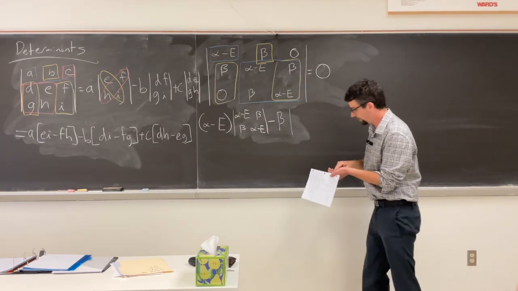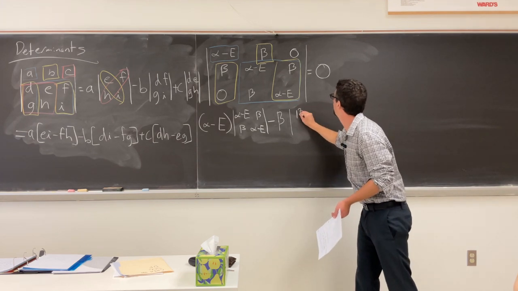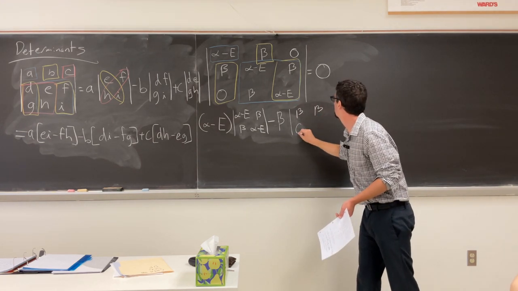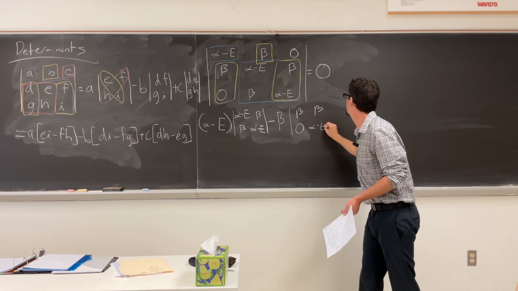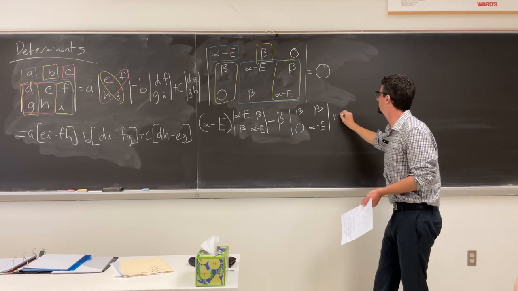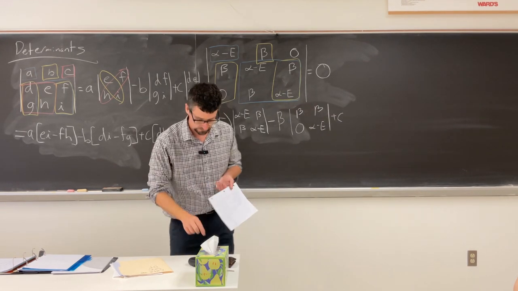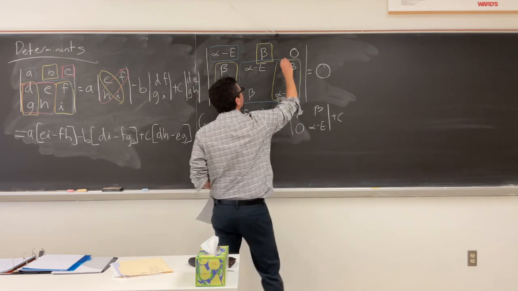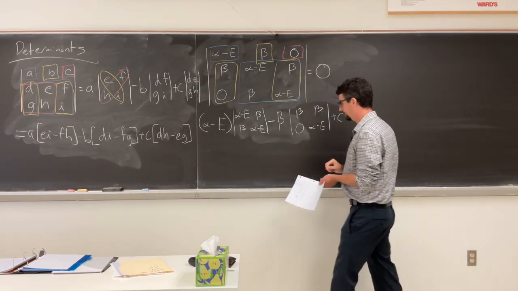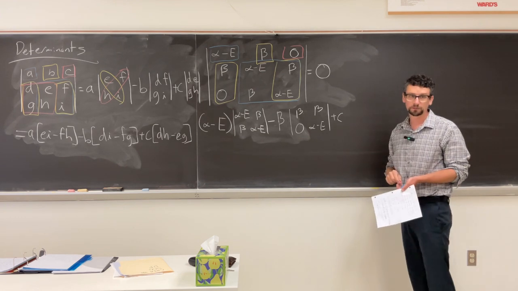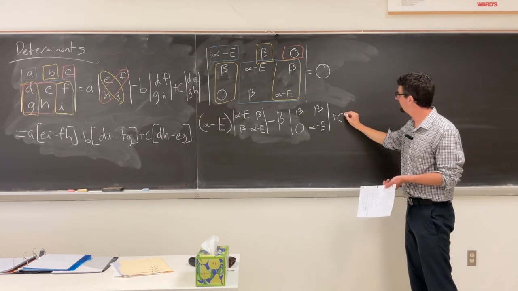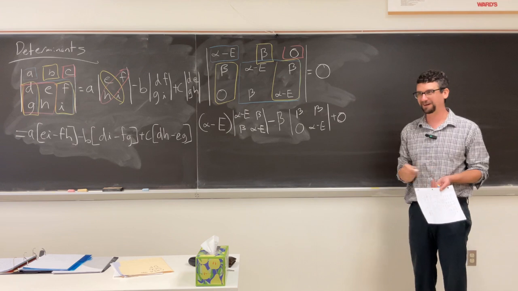These 4, we got beta, beta, 0, alpha minus E plus C. Oops, what's C? 0, perfect. Don't have to worry about anything else there.